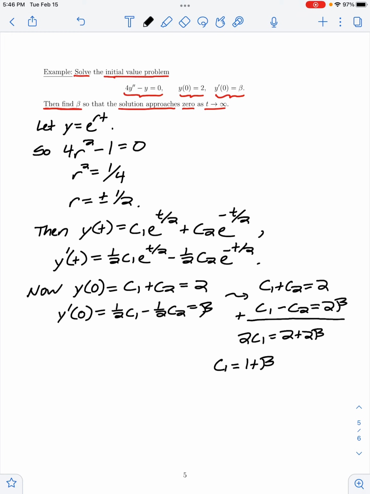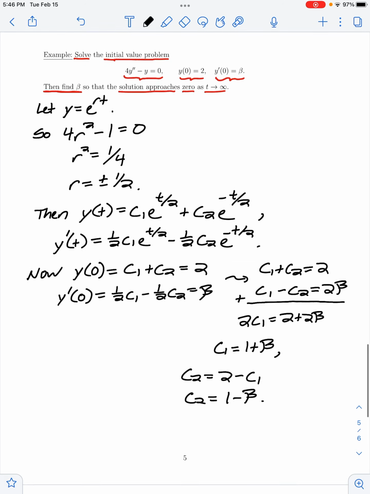And then I can solve for c2 by using one of my earlier equations. Say if we use the first equation, I know that c2 has to be 2 minus c1, which would give me 1 minus beta for my c2 value.